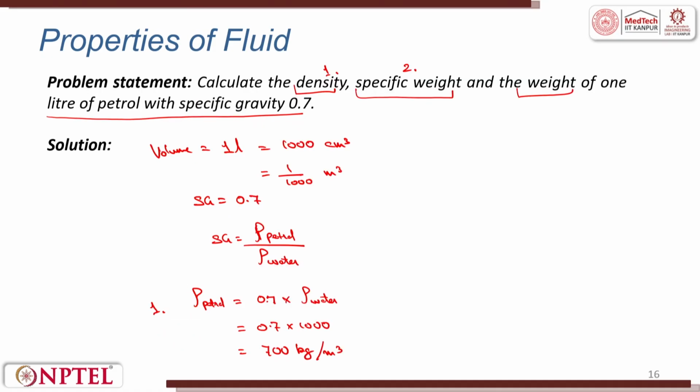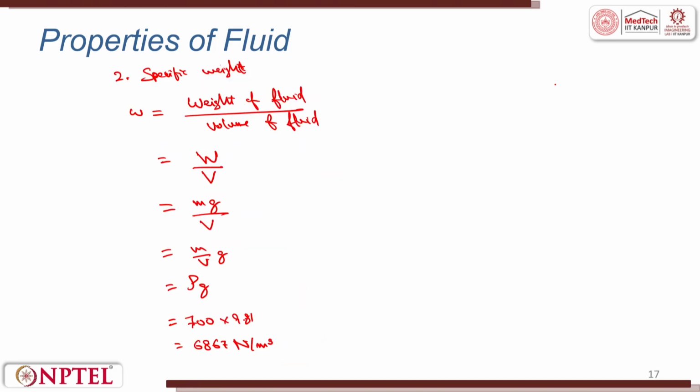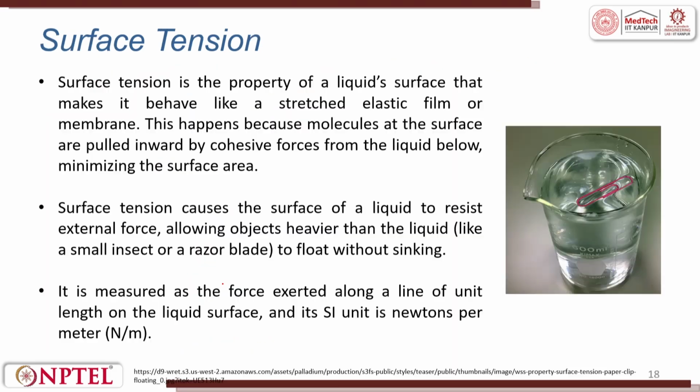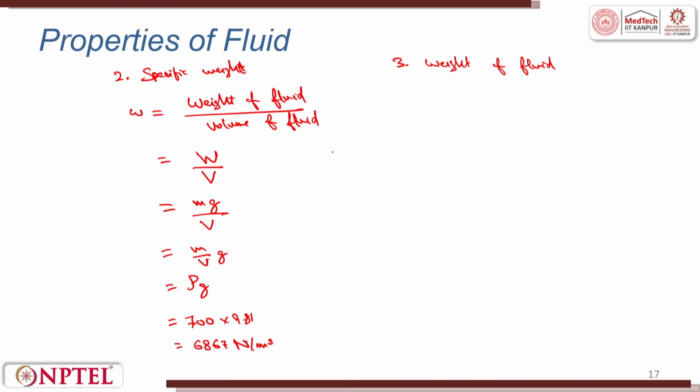Now the third part, they are asking about the weight of the fluid. I can put this relation also here. Weight of the fluid is m into G, that is mass into G, or I can use this relation directly here.